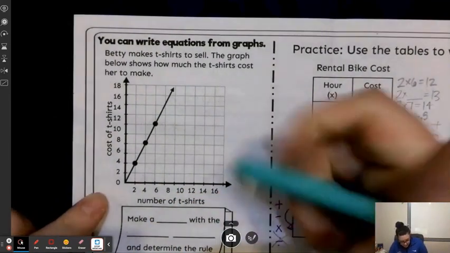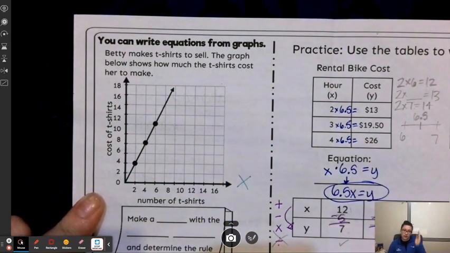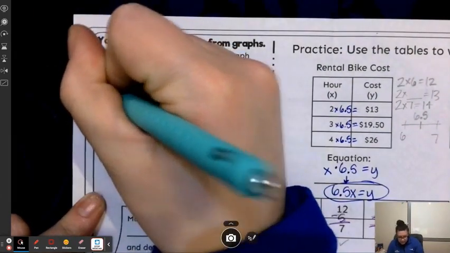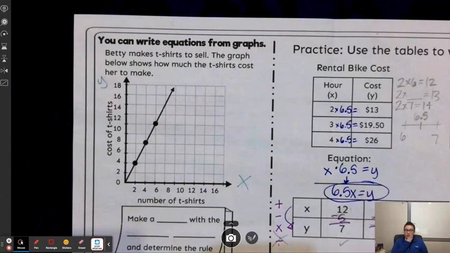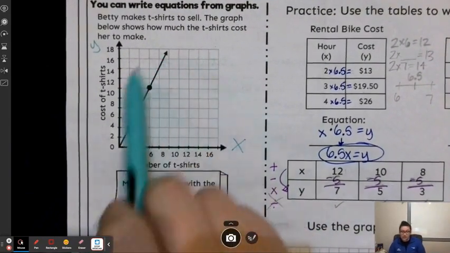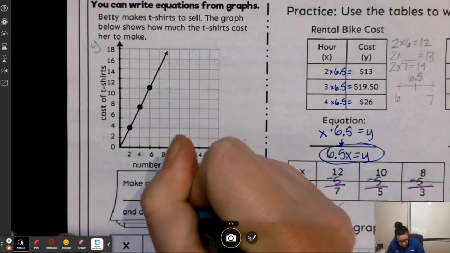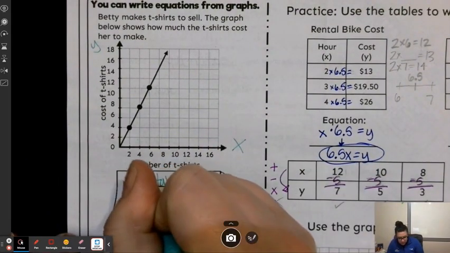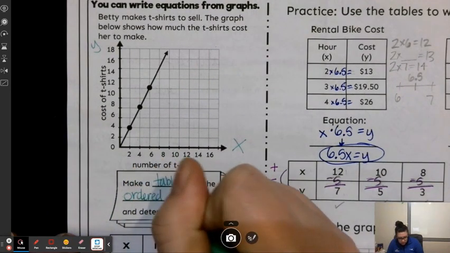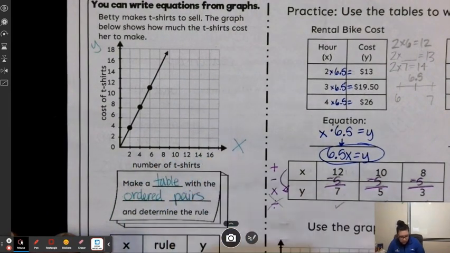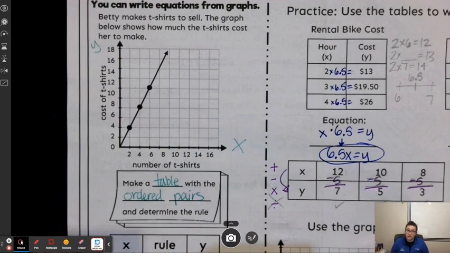That is our x-axis. Our vertical, our up and down axis is our y-axis. So we can take this graph and make a table with the ordered pairs and determine the rule and find the equation.